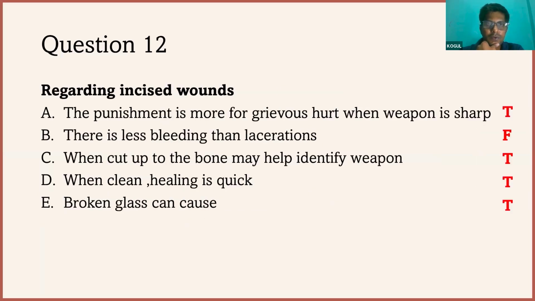Incised wound also is the same. Regarding incised wound, the punishment is more for grievous hurt when compared to blunt. Because if it is the same grievous hurt with the same intention, but they are using a sharp weapon, the punishment is higher, because it means he is keeping the sharp weapon with the purpose of some assault or violence activities.